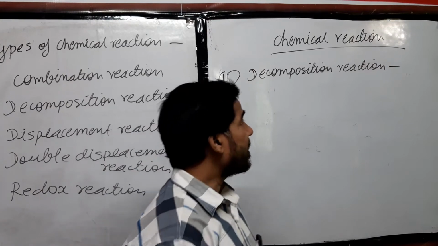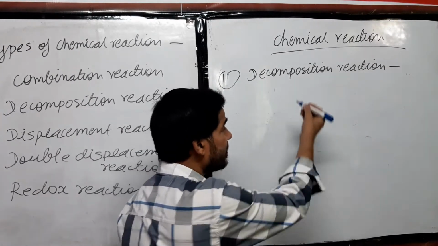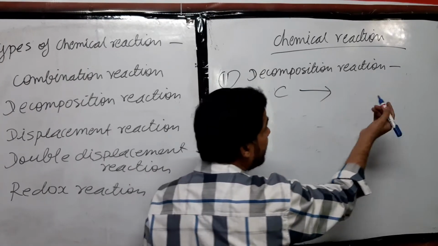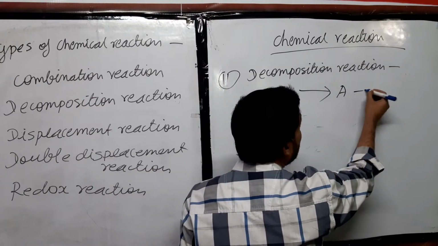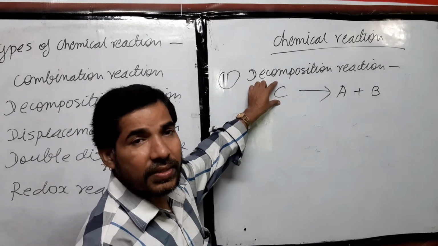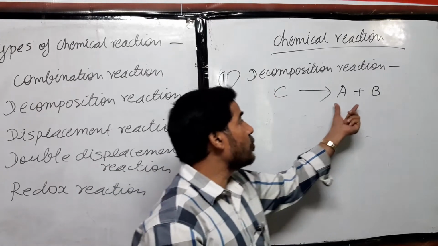As I said, decomposition reaction is just the opposite of combination reaction. You will see its general format is C breaks, then it gives two new substances A plus B. You are seeing here, C is a compound substance and it breaks and gives two new substances.